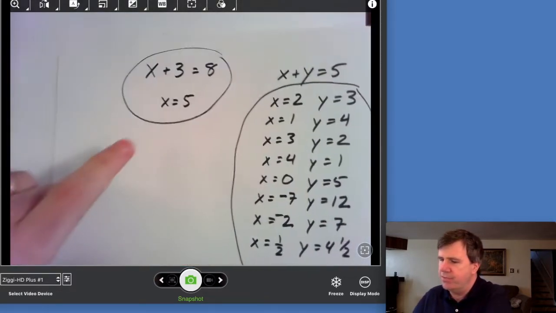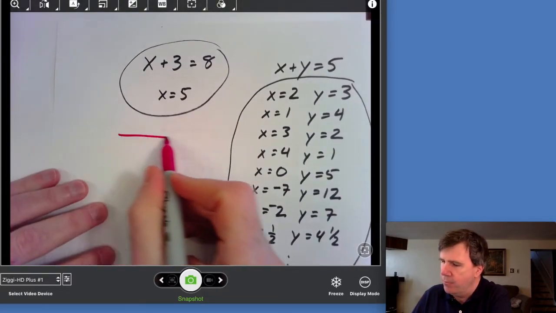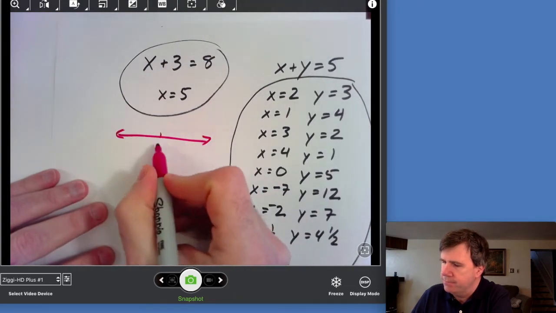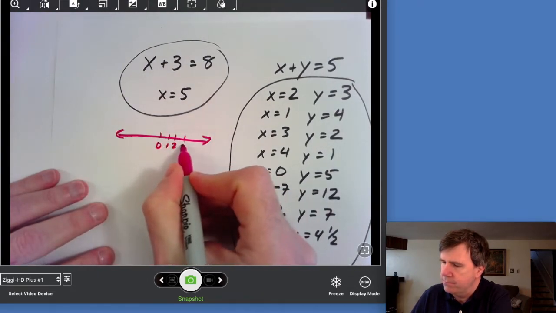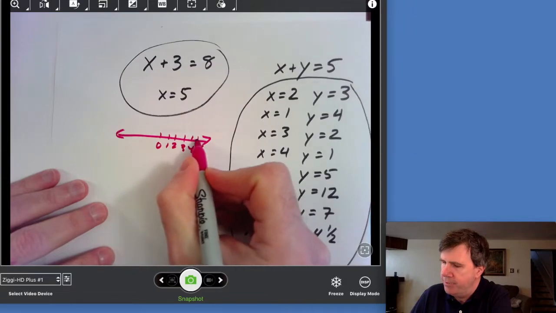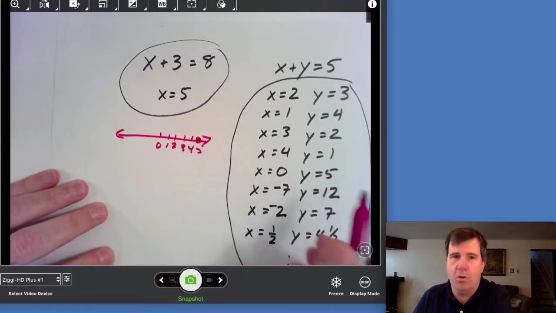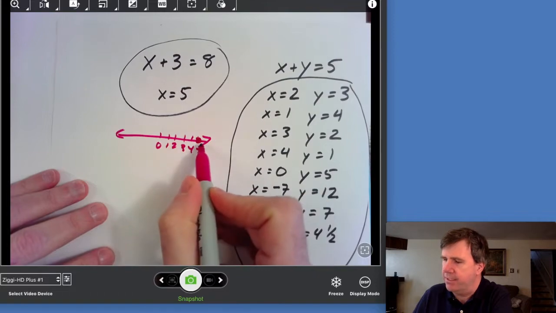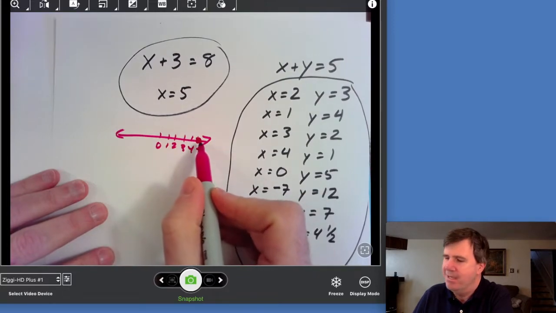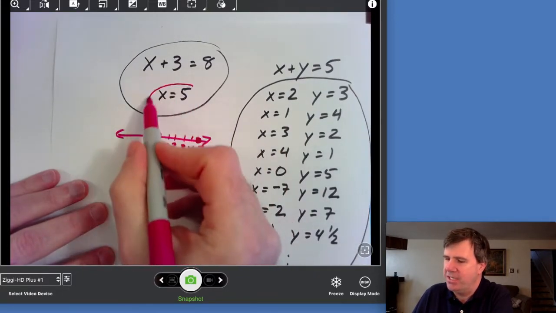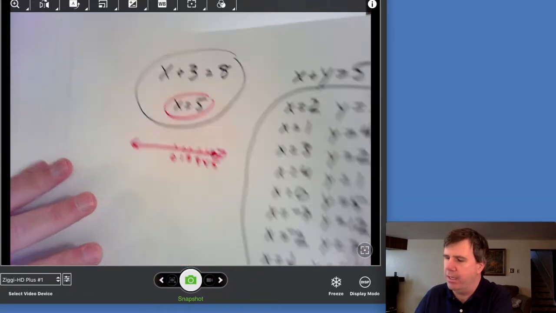So really, even for this first one, x equals 5, we could draw a number line and put a dot on 5 to show the solution. So we can see it graphically, but that's not really much more use. It's just as easy to see x equals 5 as it is on a number line, okay?